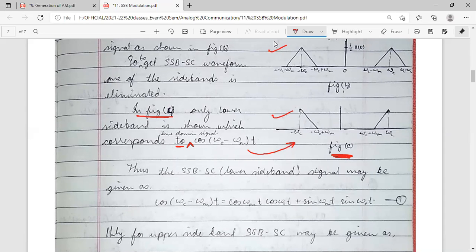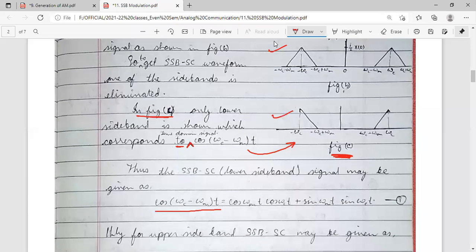Here only the ωc − ωm part is present because we have considered only the lower sideband. So the SSB-SC signal will have only the cos(ωc − ωm)t part.